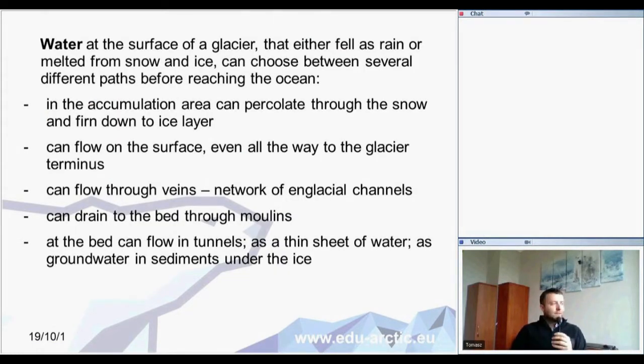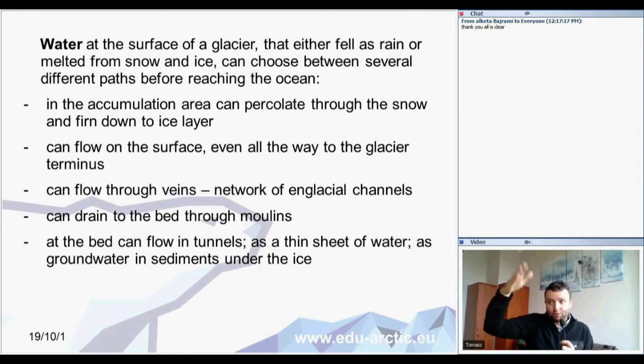Water at the surface on the glacier comes from rain or can be also melted from snow and ice, and it goes through different routes before reaching the ocean. In the accumulation area, it can percolate through the snow and firn down to the ice layer. So on the top, snow melts a little bit, then water percolates through this snow layer.